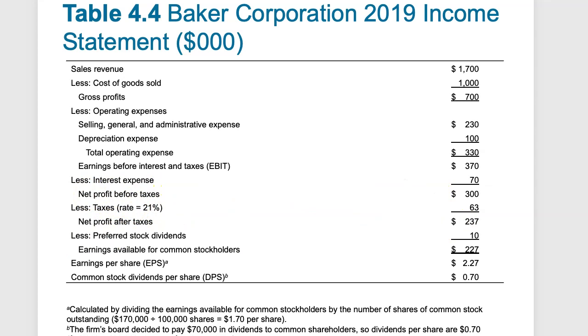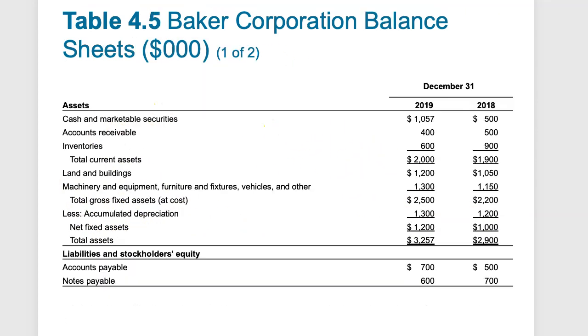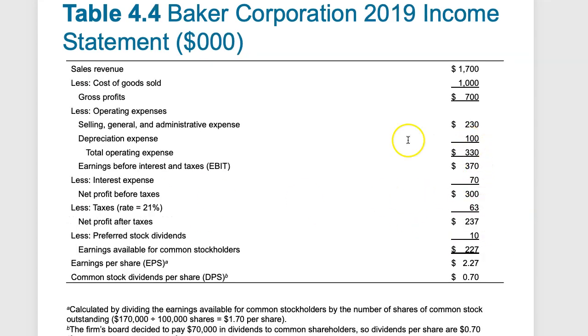So we're pretty familiar with this, and we're going to be using some information from this income statement. And then we have our balance sheet here, and what's important here is this less accumulated depreciation. See, we went from $1,200 to $1,300. There's a $100 difference here. That's what is being recorded.